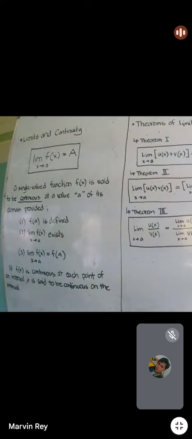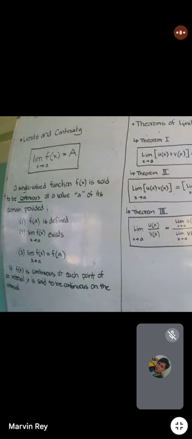And also, if the limit of f of x as x approaches a has an equivalent value, then this equation is also a continuous function. Lastly, it combines the two: the limit of f of x is equal to f of a when x approaches a. Since you just replace the value of x with a, this should be equal, or approximately equal.